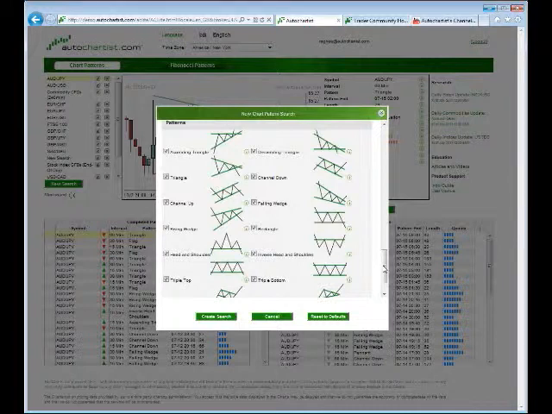His last name is spelled P-E-S-A-V-E-N-T-O. And the book is published by Traders Press. So you could probably go right to their website if you wanted to pick up a copy. I know it's available at a number of online bookstores.